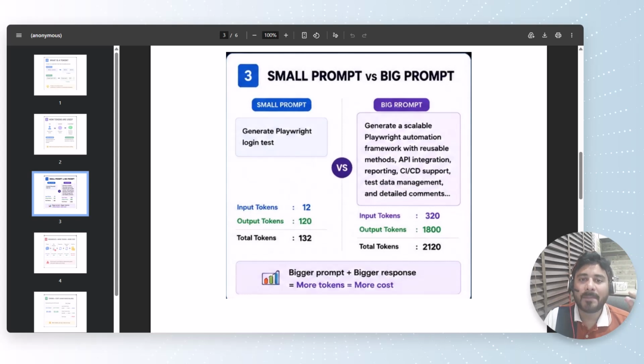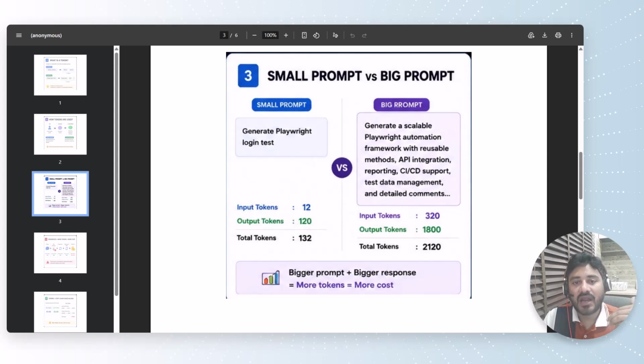Now compare it with something like, generate scalable Playwright automation framework with reusable methods, API integration, reporting, CI/CD support, utilities, test data management, documentation, comments, and folder structure. Now the prompt itself became very large.